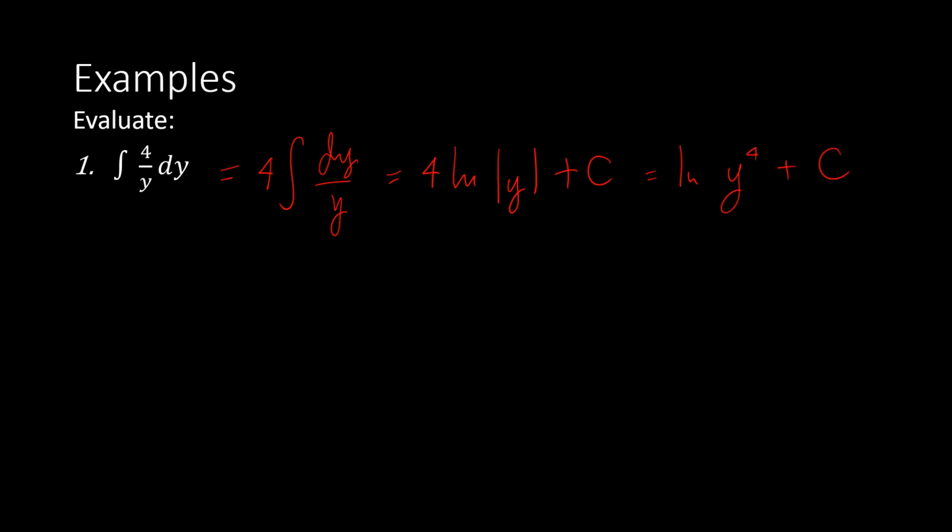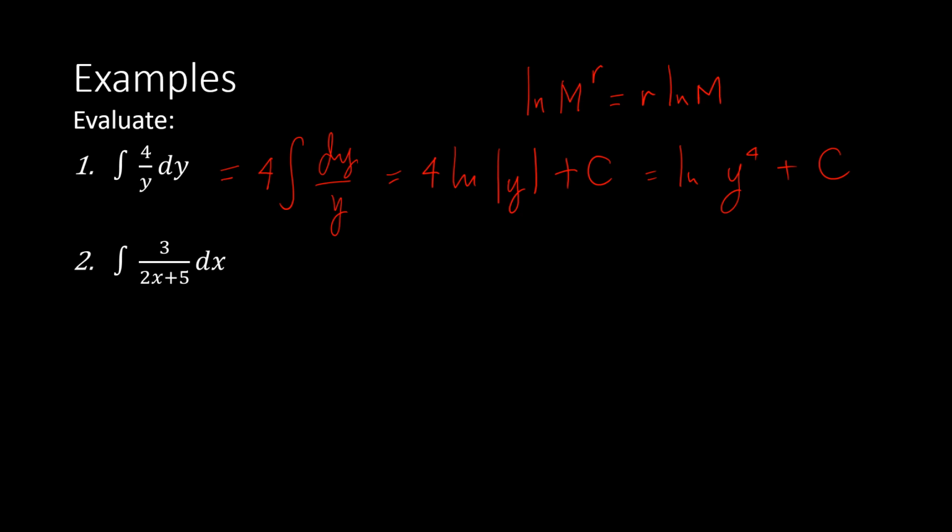One of the properties of the ln function is that the ln of m raised to r is equal to r ln m. So 4 being the coefficient of ln y becomes the power of y. Hence, 4 ln y is equal to ln of y raised to 4 plus c.